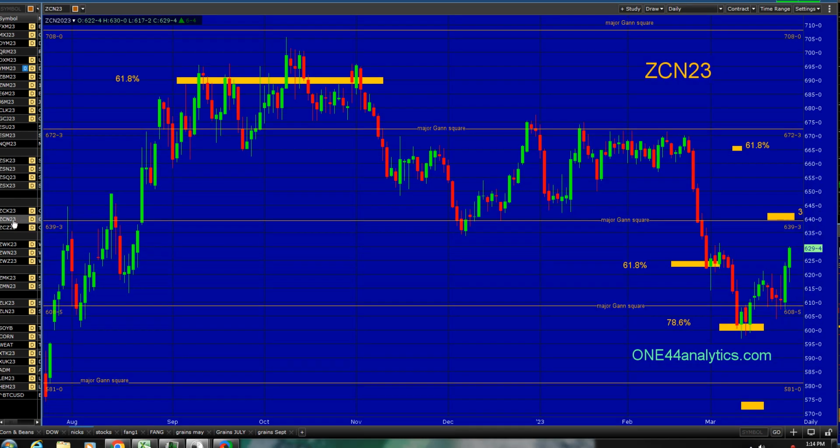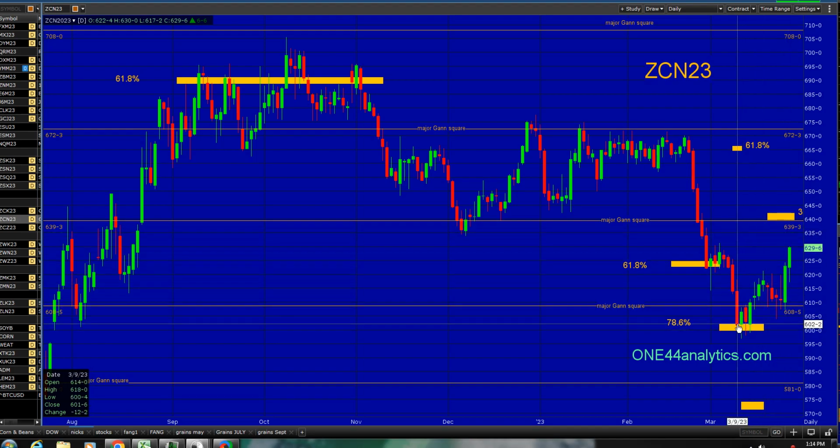And then we get into the July corn, where we hit 78.6 of the July to October move of last year. And again, you can see here, once it got above the 608.5 major Gann square, it came back to sit on it, and here we are now.